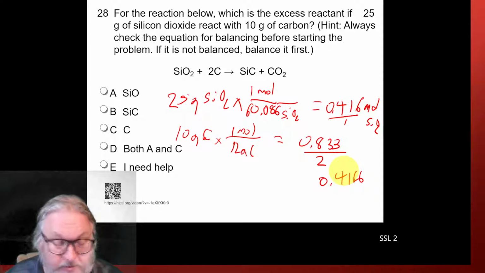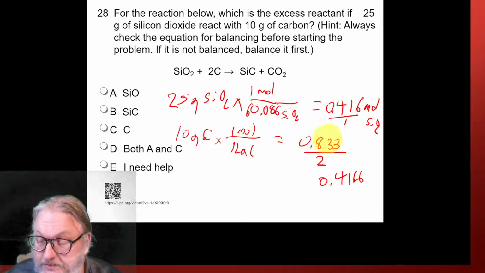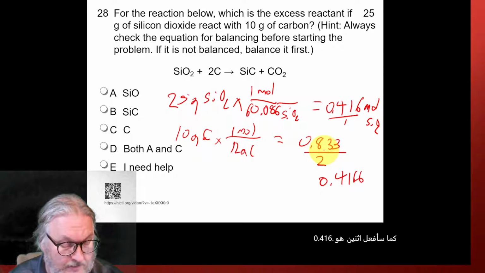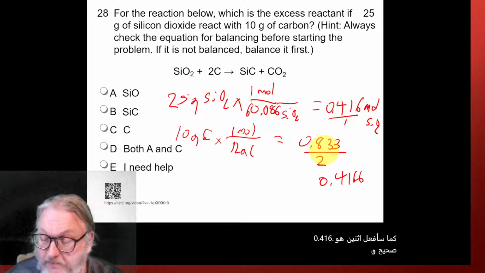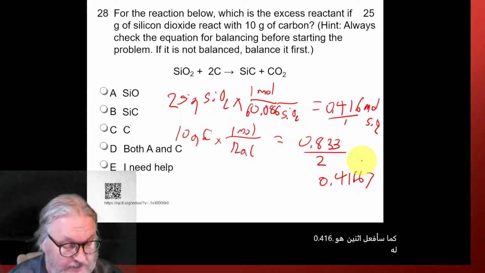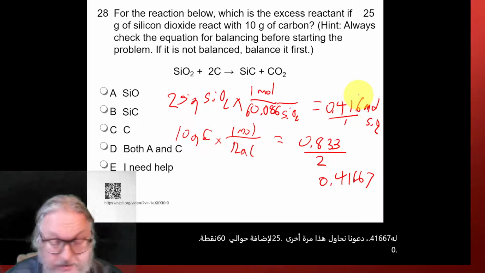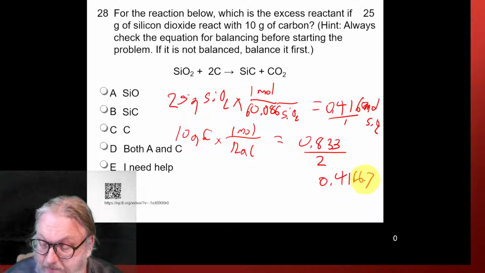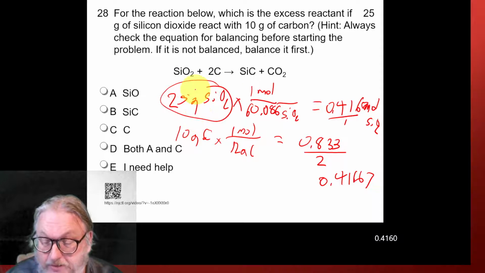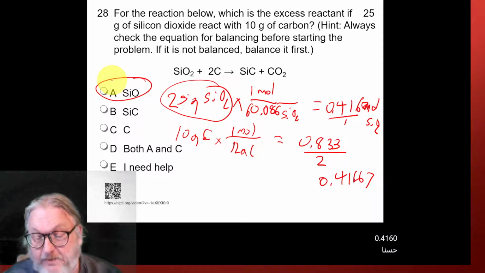Well, SiO2 is 0.416, right? Let's try this again. 25 divided by 60.086 is 0.4160. All right, so this is going to limit the reaction. All right, so it is A.